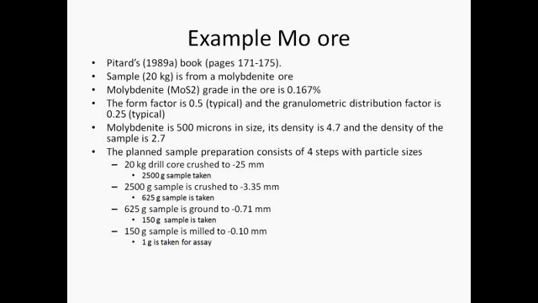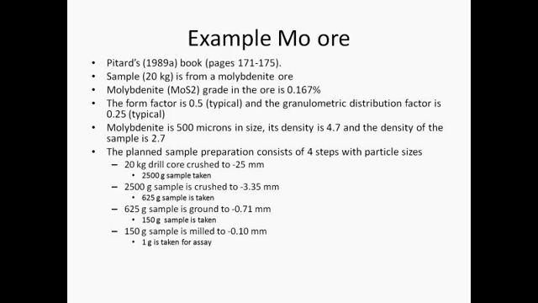Now this is further split, and 150 grams is taken and milled to analysis fineness, minus 100 microns, and finally from that pulverized sample, it is split so that 1 gram is taken for the chemical assay.